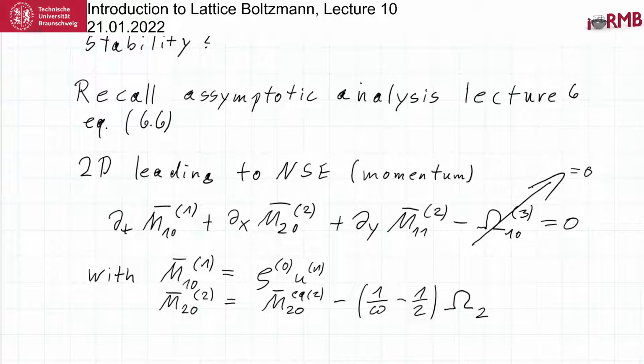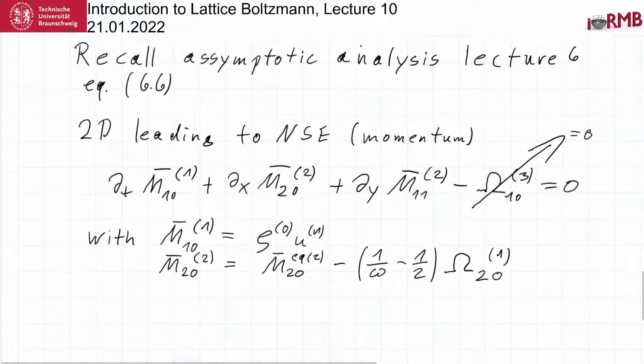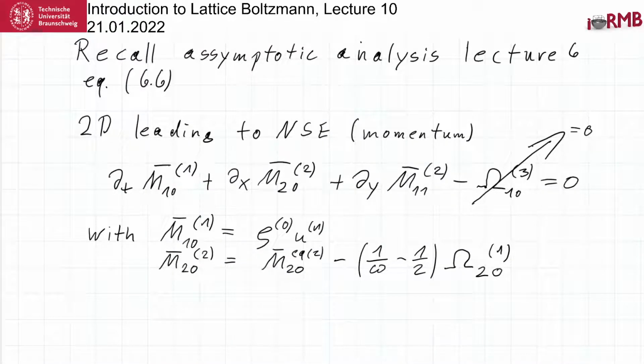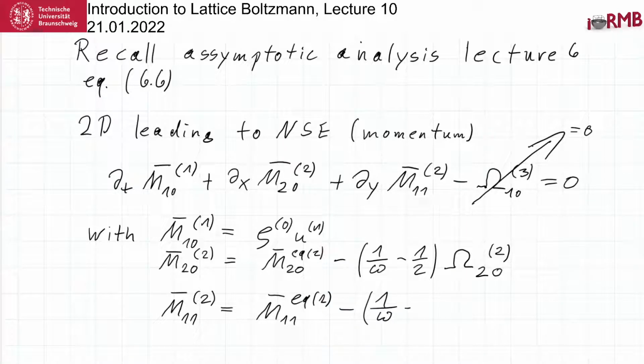And this is to second order. And we have m11 second order is m11 equilibrium to second order minus 1 over omega minus 1/2 times Omega 11.